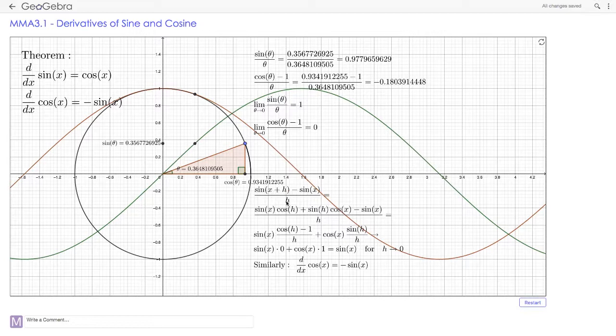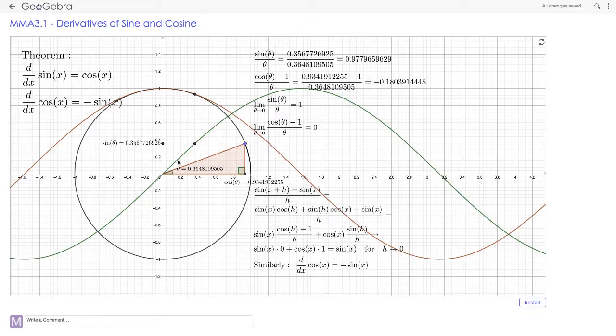That would be the slope of the line between the points x plus h, sine of x plus h and x, sine of x, right? So that would be 2 points on the sine function graph. So for example this point and that point, then we would have a line going through that, and the slope of that would be this number.